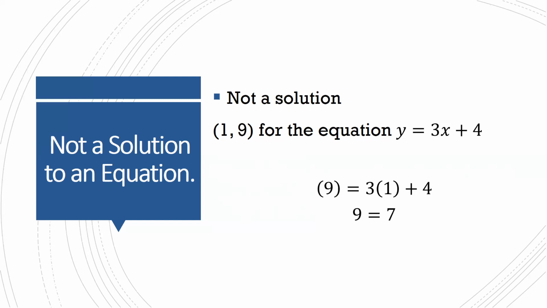Those are points that you plug in, and it leads to a false statement. For instance, if we plug in 1, 9 into the equation y equals 3x plus 4, plugging in 1 for x and 9 for y yields a statement that has 9 equals 7. Obviously, 9 is not equal to 7, so that's a false statement. And therefore, 1, 9 is not a solution to that linear equation.